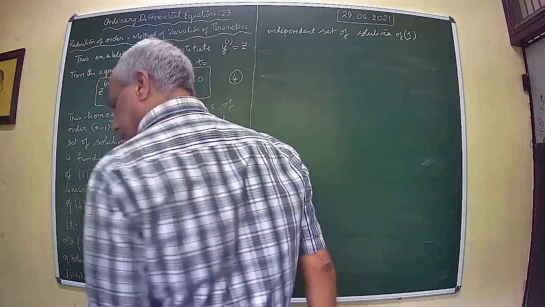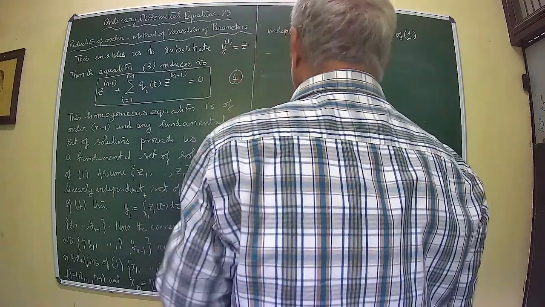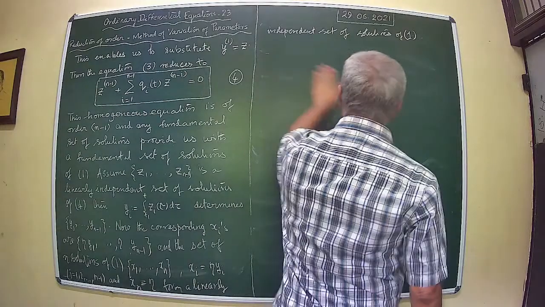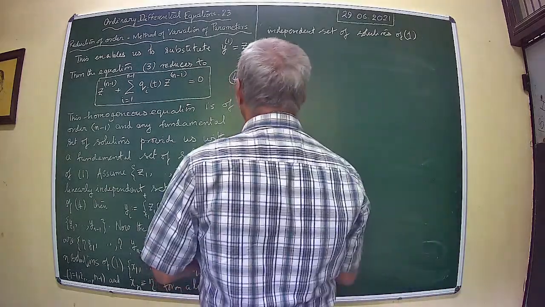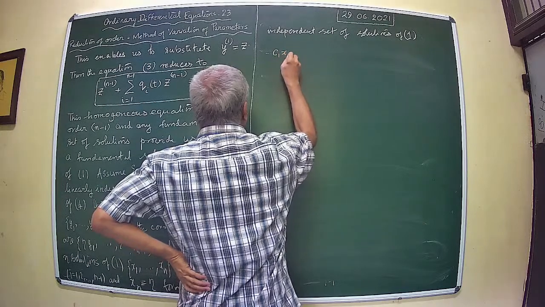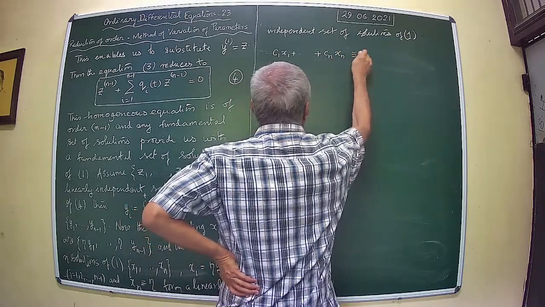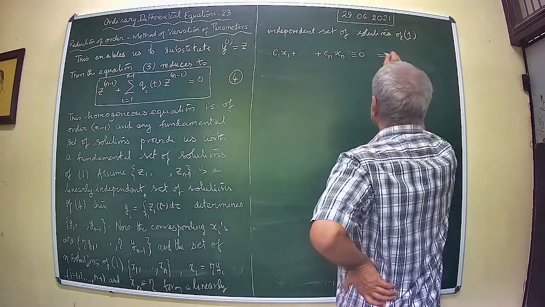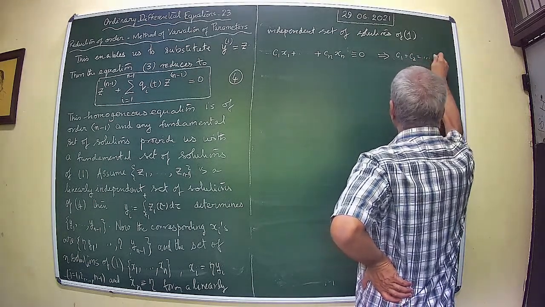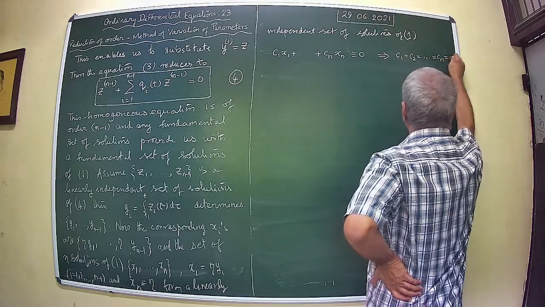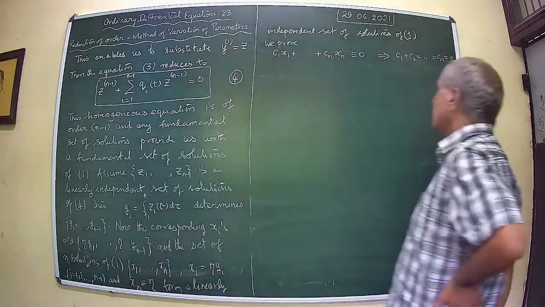Now what you do is this, okay. So you have to prove that c1 x1 plus c2 x2 plus etc. cn xn equal to 0 identically implies c1 equal to 0, c2 equal to 0 etc., cn equal to 0.